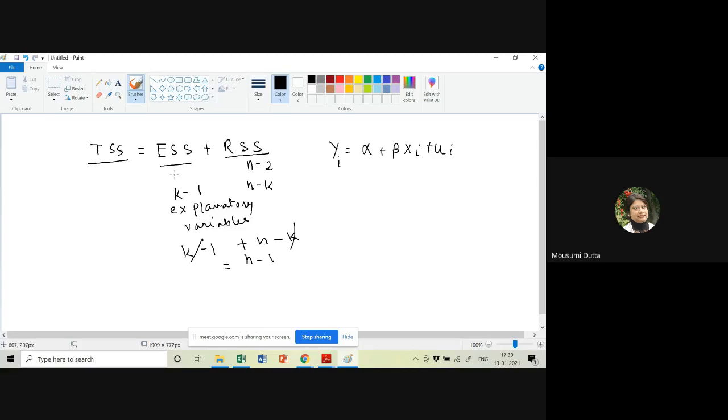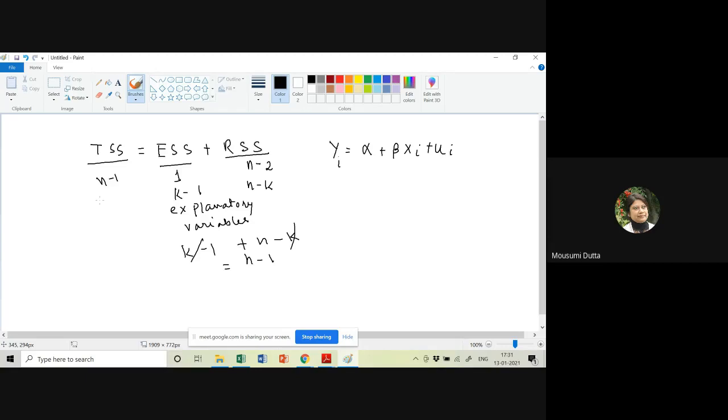Here you have one explanatory variable, and the other one, alpha, is nothing but the intercept of the model. So here your degrees of freedom will be 1. For ESS, the degrees of freedom will be given by the number of explanatory variables you have in the analysis. And for TSS it is n-1 for the 2 variable case.